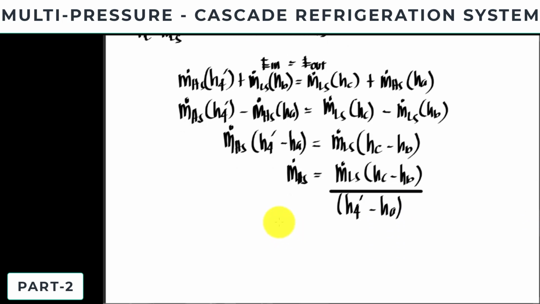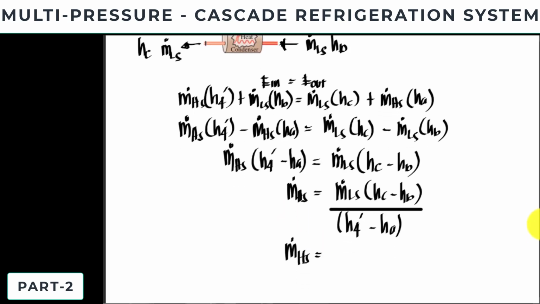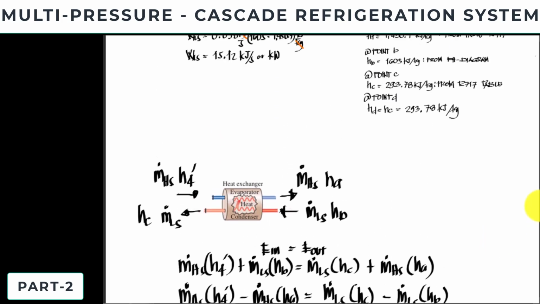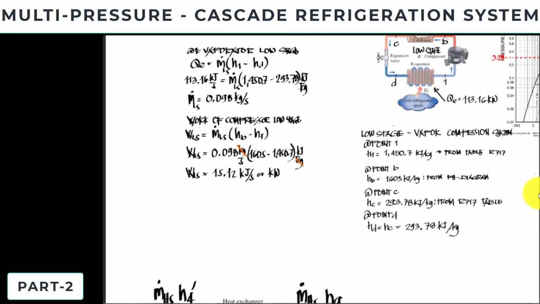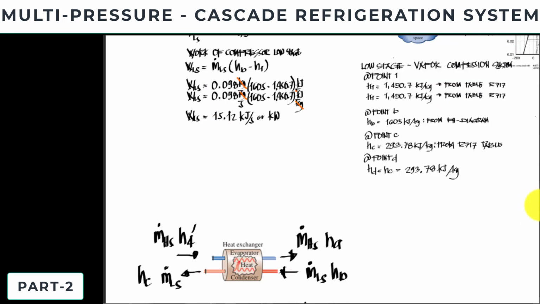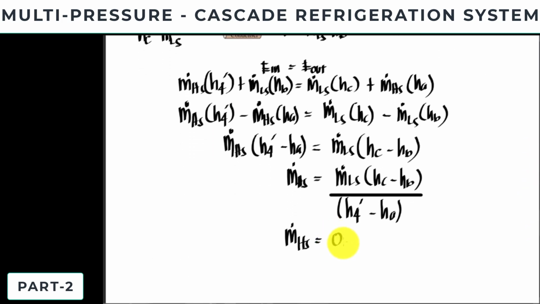Okay? So let's substitute now the values para makuha natin yung mass flow rate at the high stage. So mass flow rate at the low stage, kanina we have computed that one. So low stage, that is 0.098, so this is kilogram per second.